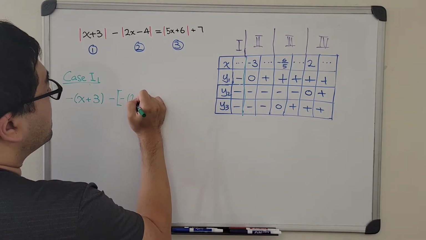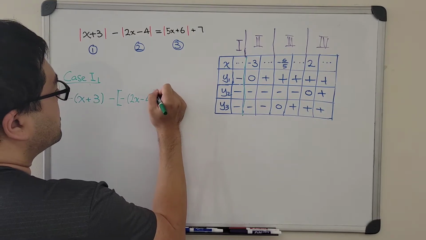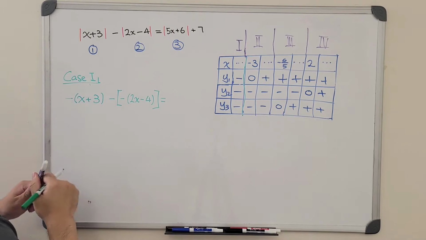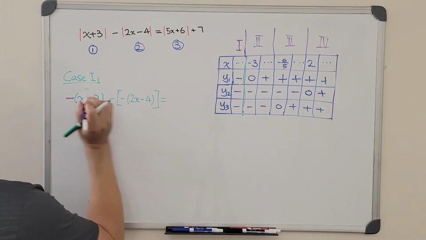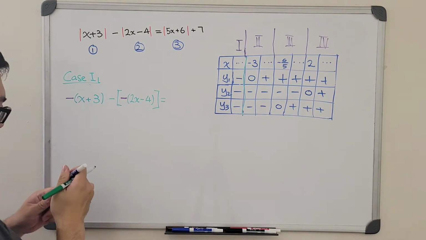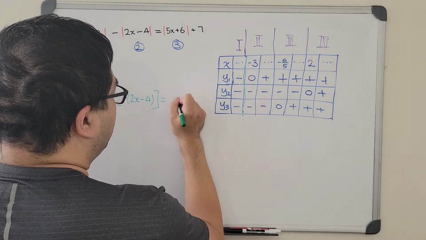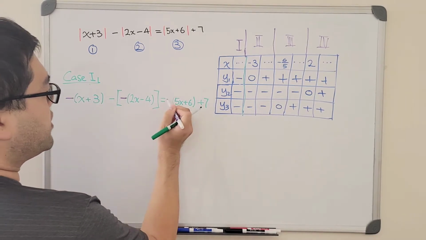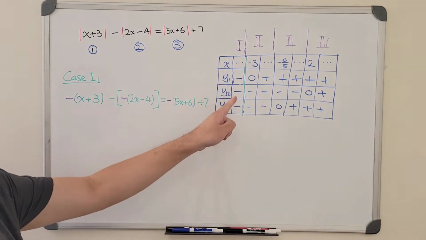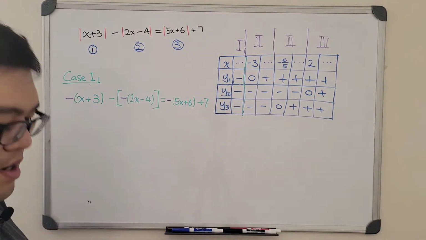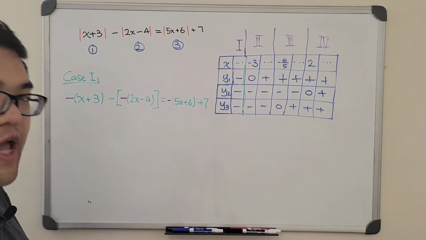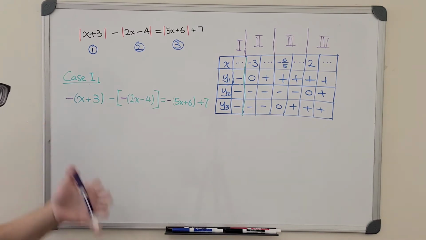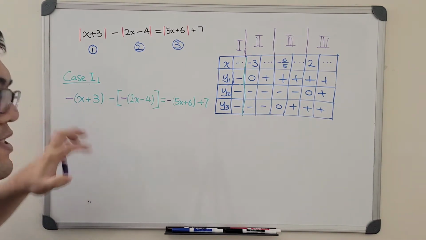Then you put a bracket here. Equals 5x plus 6, and then plus 7, and don't forget we need the negative sign, because we agree that all terms are negative before we take the absolute value.